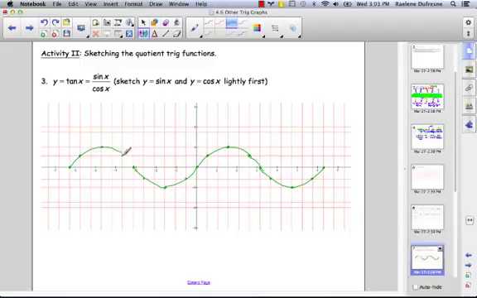Okay, so there's the sine x graph, and I'll just indicate that I've sketched it in green. And I will use yellow, if it's not too hard to see, for the cosine graph, which, as we know, is a horizontal translation, pi by 2 to the left of the sine graph.